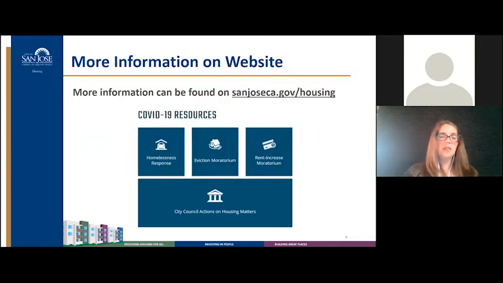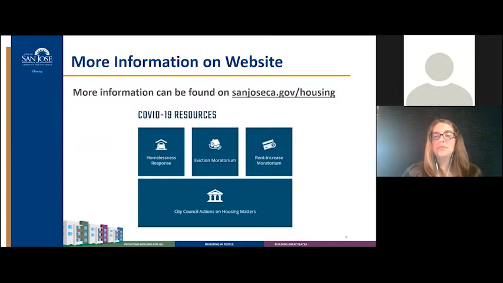So I just wanted to let everyone know that more information is available on our website regarding this. And what we've done is actually created a page on the Housing Department's website, which you can find at sanjoseca.gov/housing. And what you can find there is COVID-19 resources.